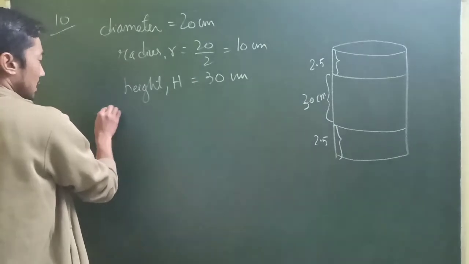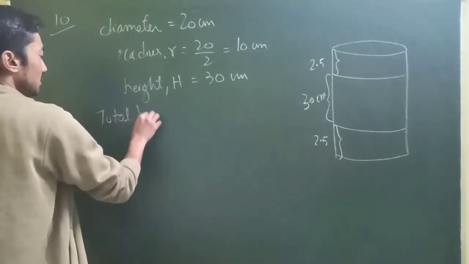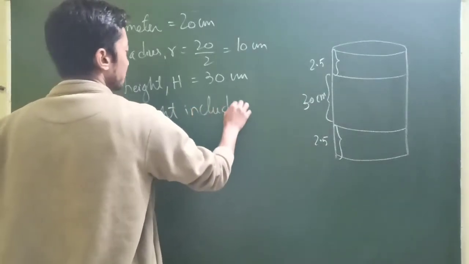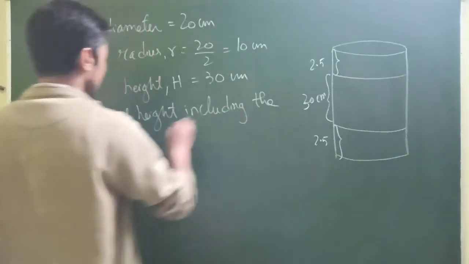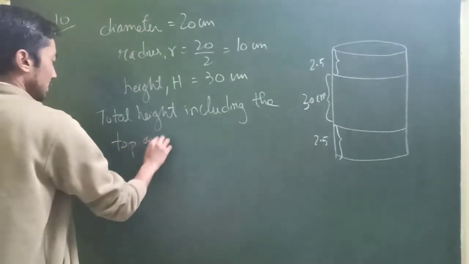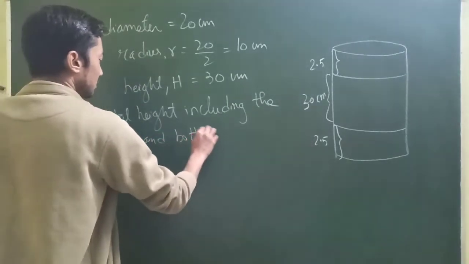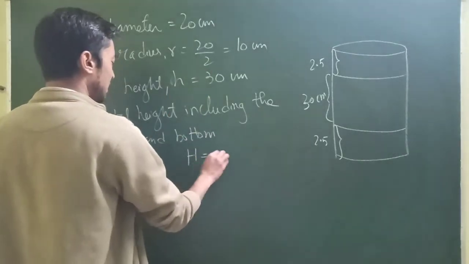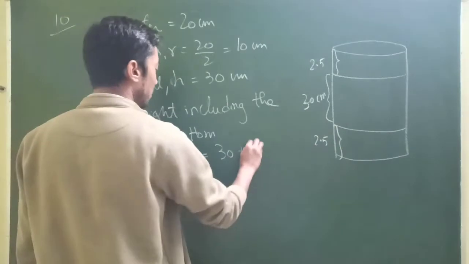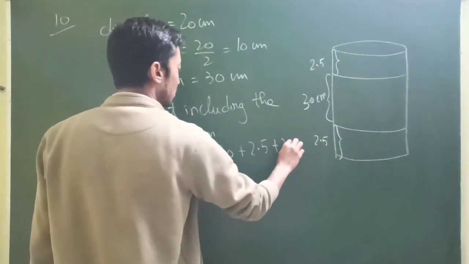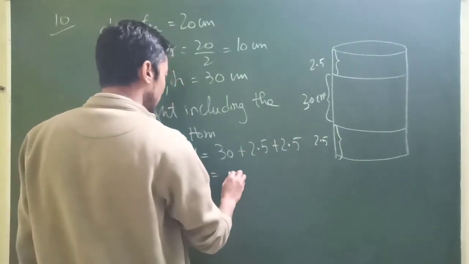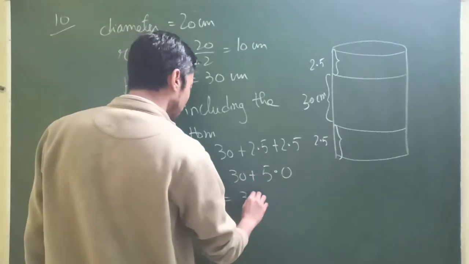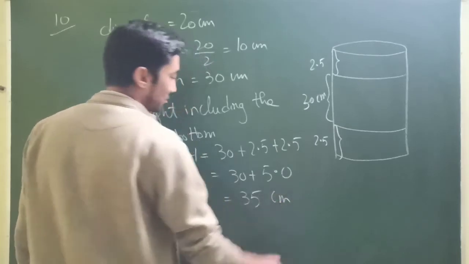Let's say the total height including the top and bottom, let's say this is capital H. So let's say 30 plus 2.5 plus 2.5. That's going to be 30 plus 5.0, so that will be 35 centimeter.